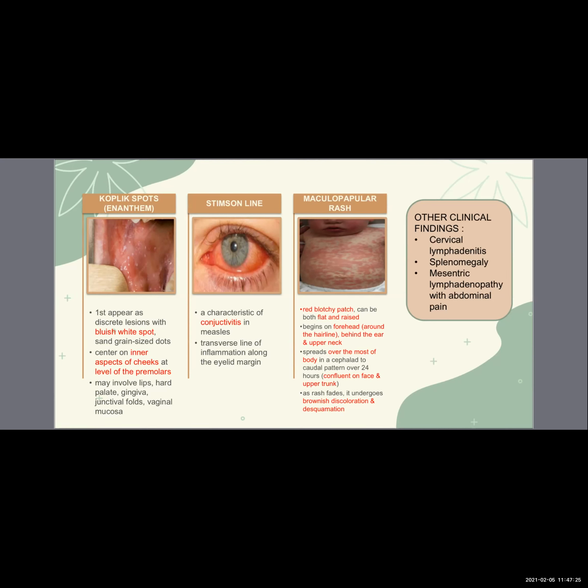It is confluent on the face and upper trunk. As the rash starts to fade, it undergoes brownish discoloration and desquamation. Other clinical findings would include cervical lymphadenitis, splenomegaly, and mesenteric lymphadenopathy with abdominal pain, but this mostly occurs in severe cases.